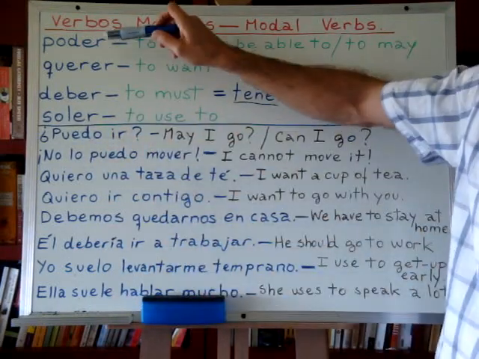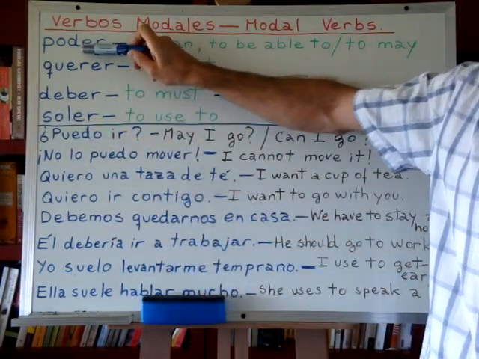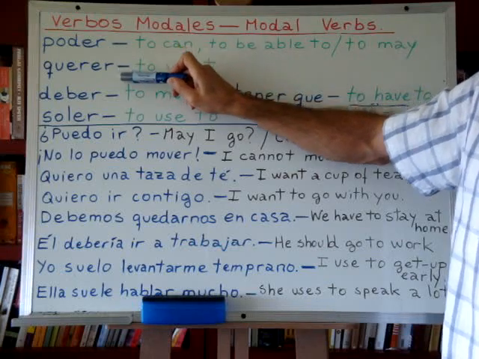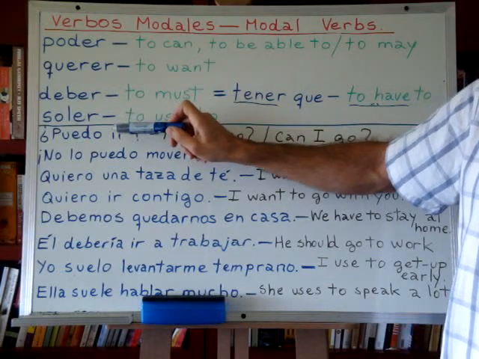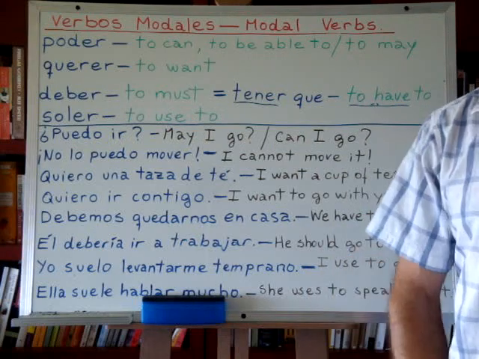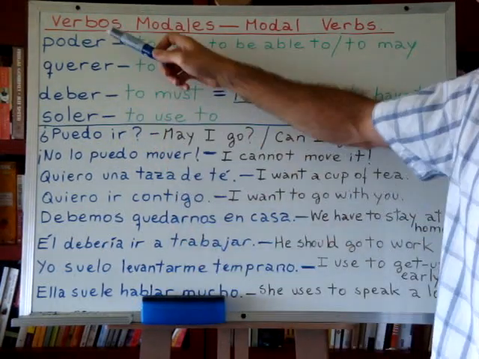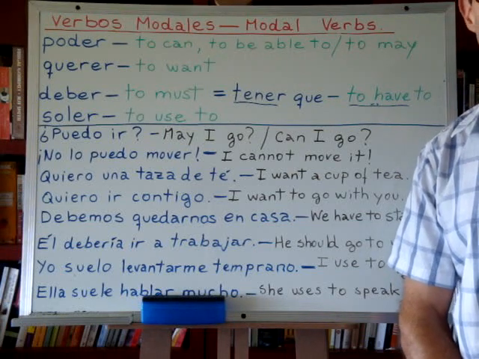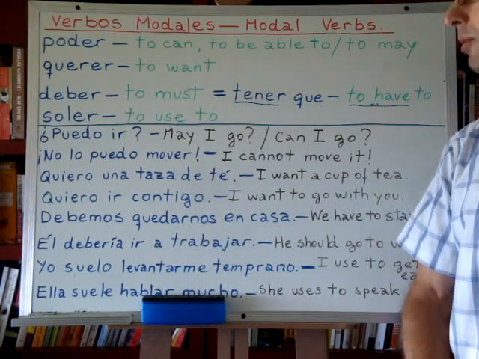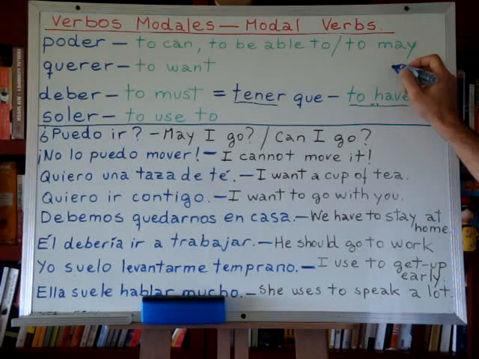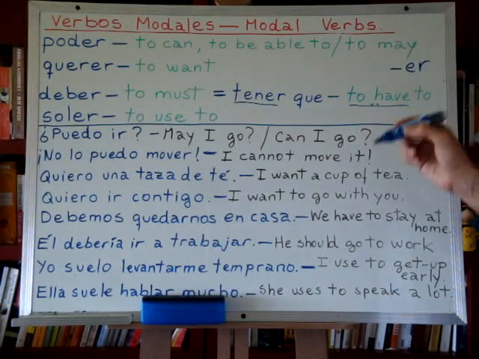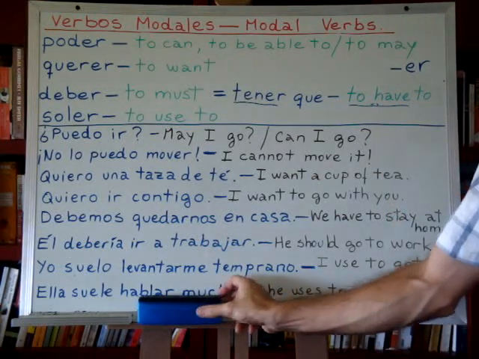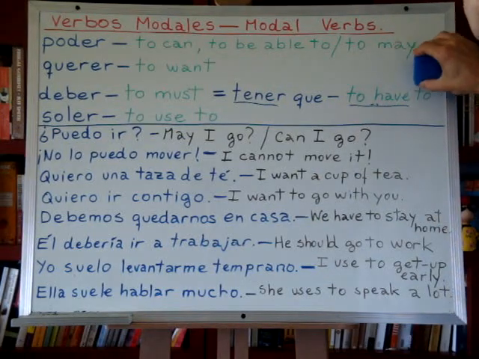So, our four verbs will be poder, querer, deber, and soler. Okay? You can see that these four verbs belong to the second group of Spanish verbs, the verbs that end with er, okay? I think this is just a coincidence. It doesn't mean anything.